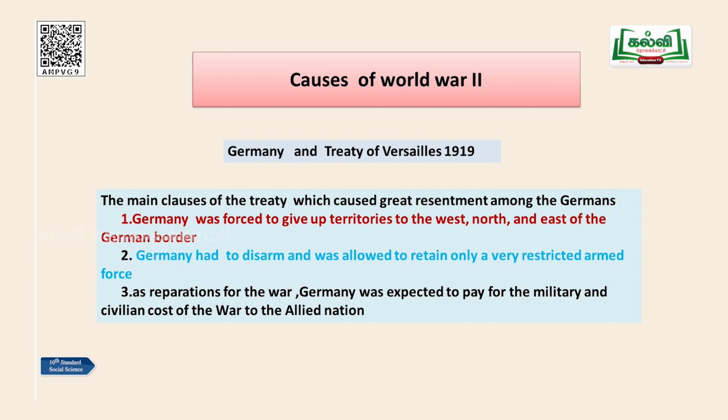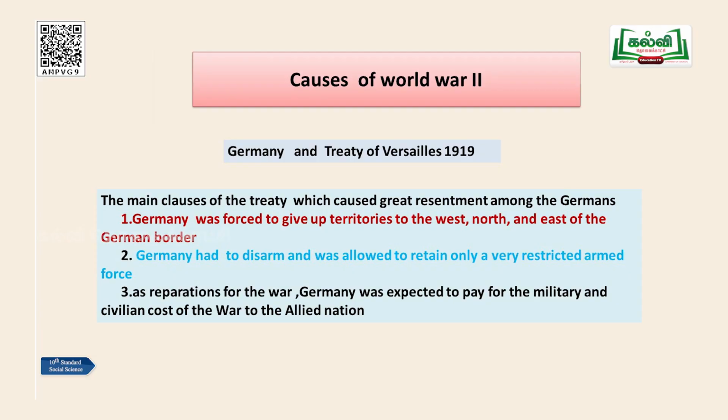The Allied countries feared that if Germany equipped or modified its army, they might attack other countries at any time. To stop that, they did not permit Germany to have a big army, and allowed only a small navy. Then the third clause, which was totally against Germany, came from the Allied countries.